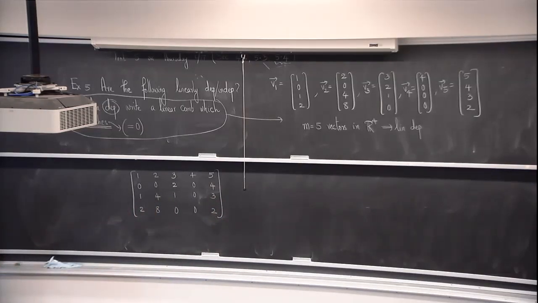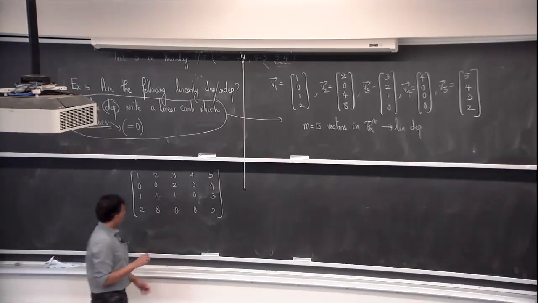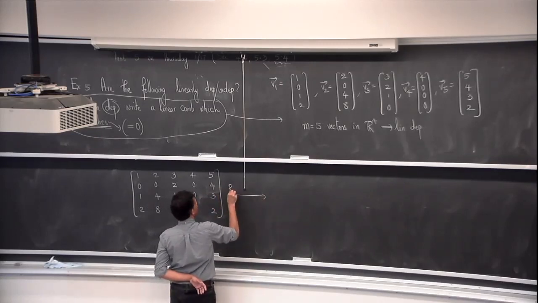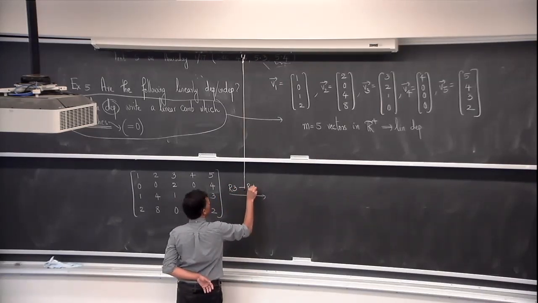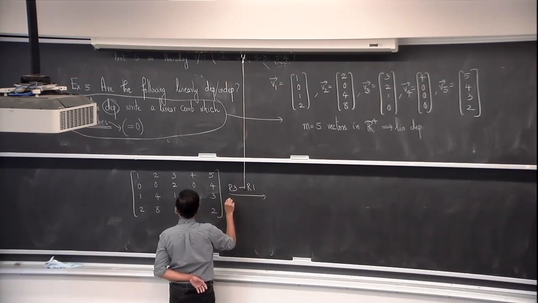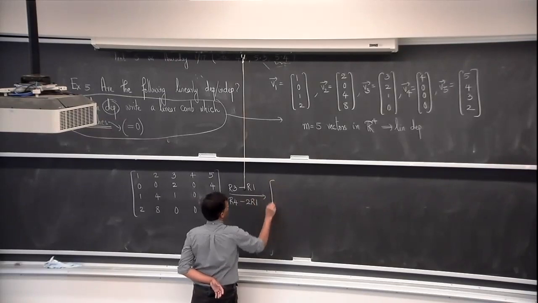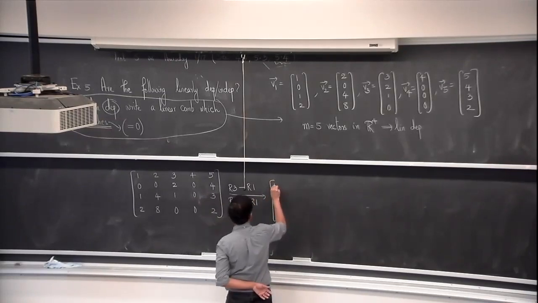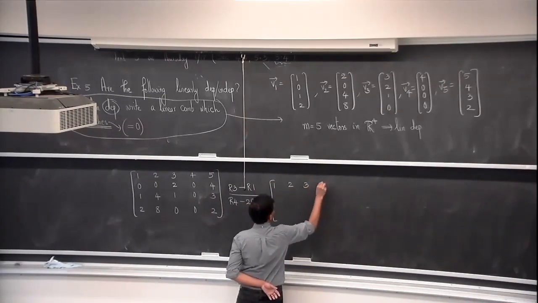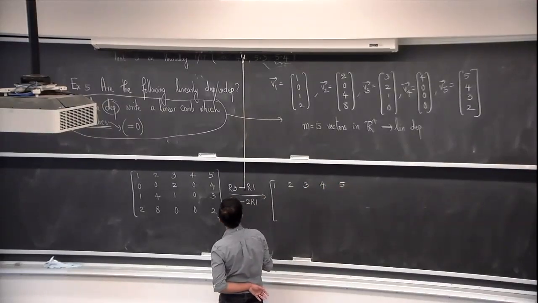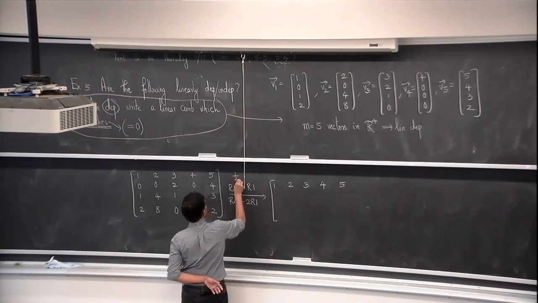Okay, so that is the matrix with the vectors as columns, and then you can do your routine operations. You can also divide the second row by 2.